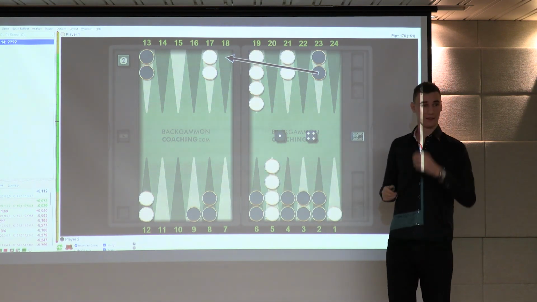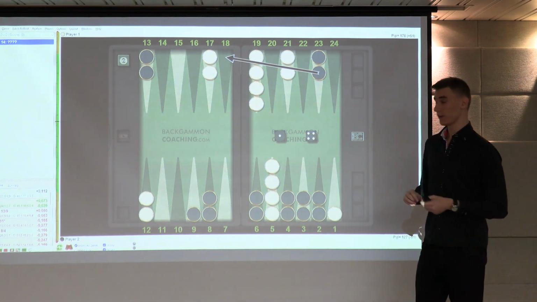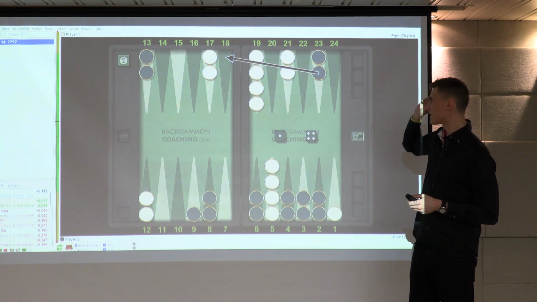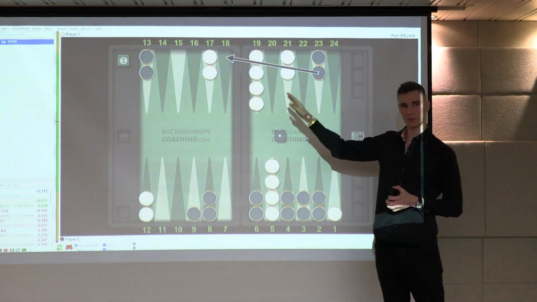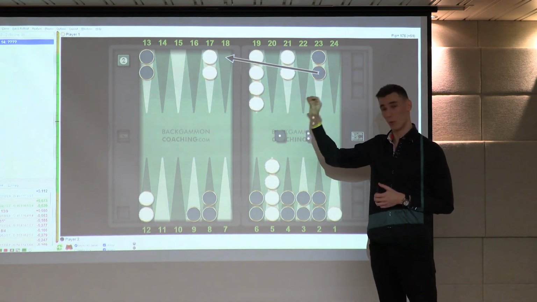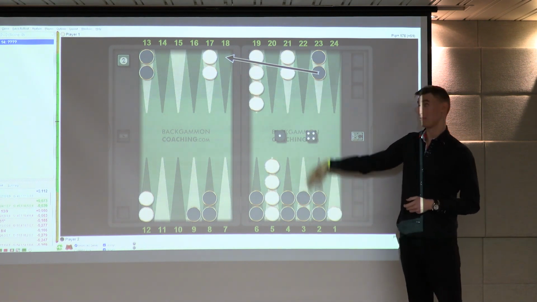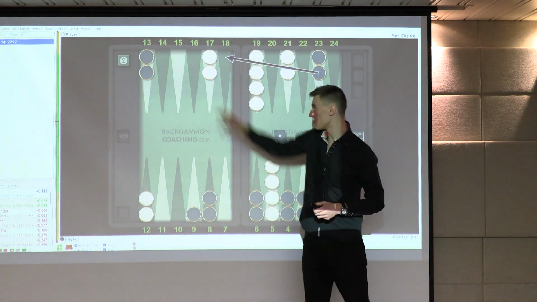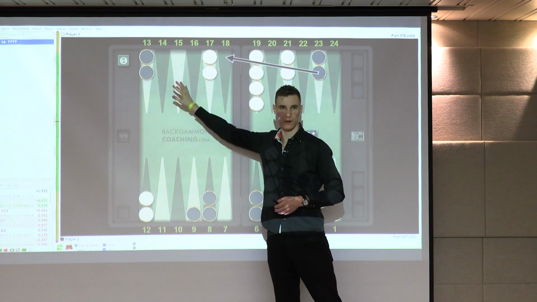What about 13-9, 23, 22? Okay, good point. 13-9, 23, 22 is not going to be good, because the 13 point in these positions is the key. Once you've got all the checkers here, and then you are stuck right here, if you destroy your 13 point, your opponent will be able to control all of this somehow.